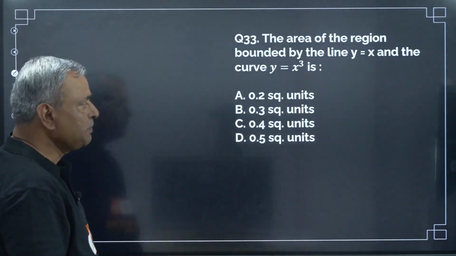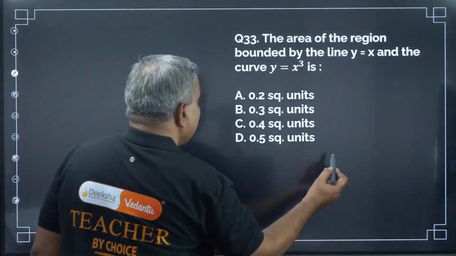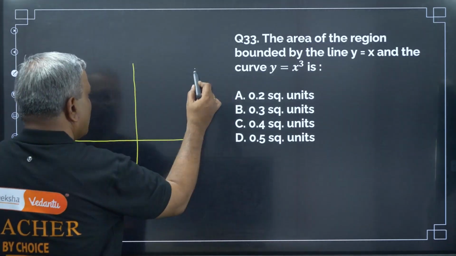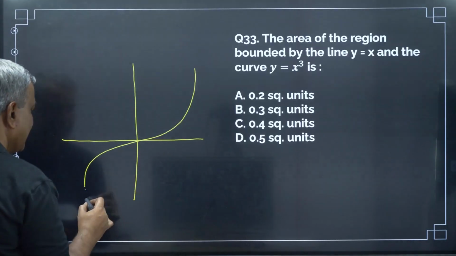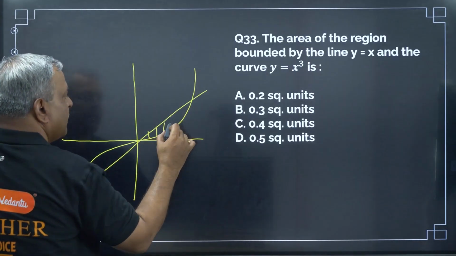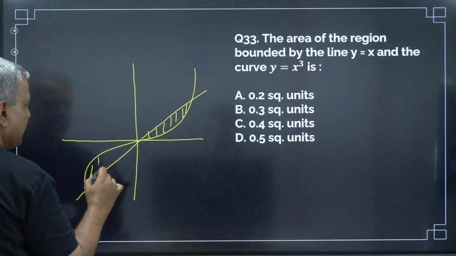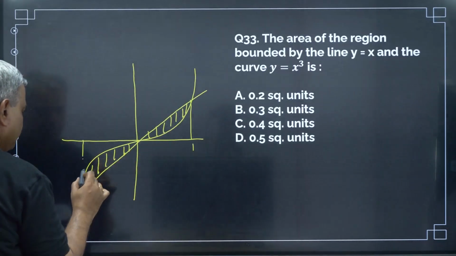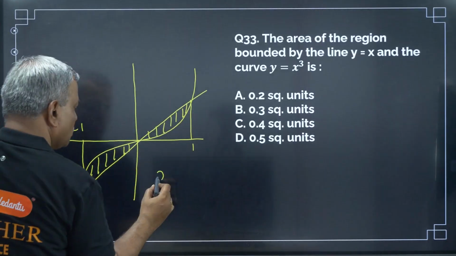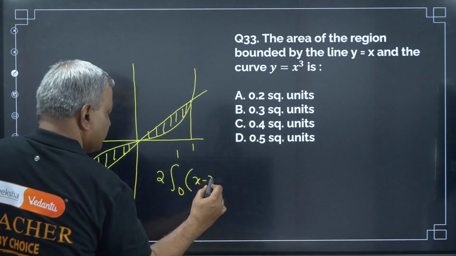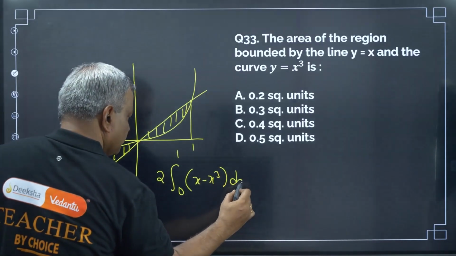Next is also the same type of question, f(x) equal to x cube. Where the students made a mistake in this question is that they forgot the lower part. Two areas come, the upper area as well as the lower area. That's the mistake a lot of students have made. So this is 2 times integral 0 to 1, the upper line is x minus x cube dx.